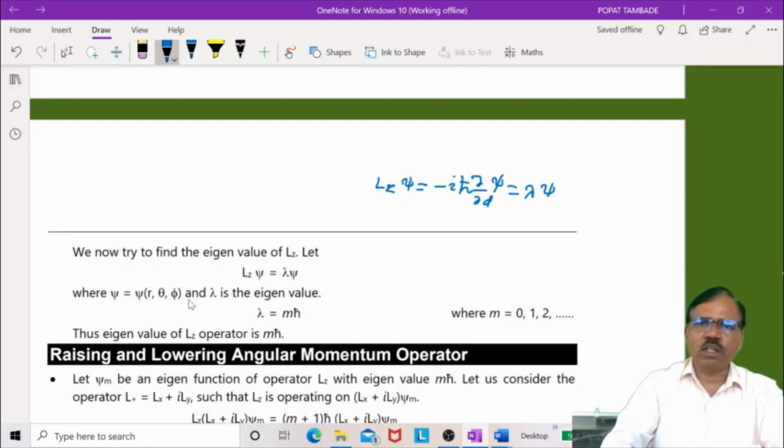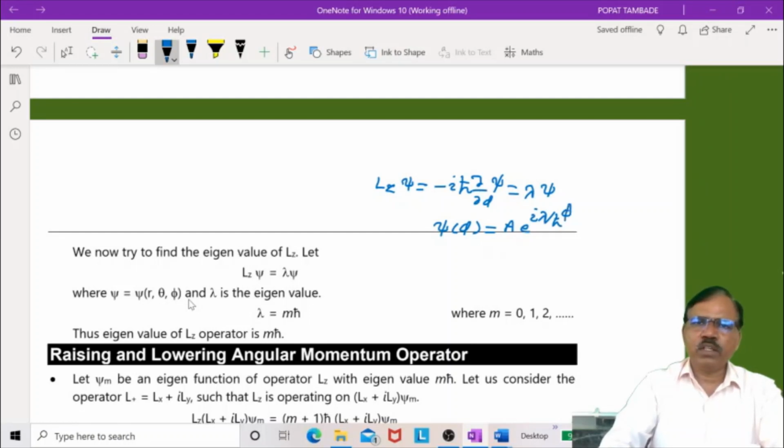And if we solve this, we get psi of phi is equal to some A e raised to i lambda upon h bar phi.